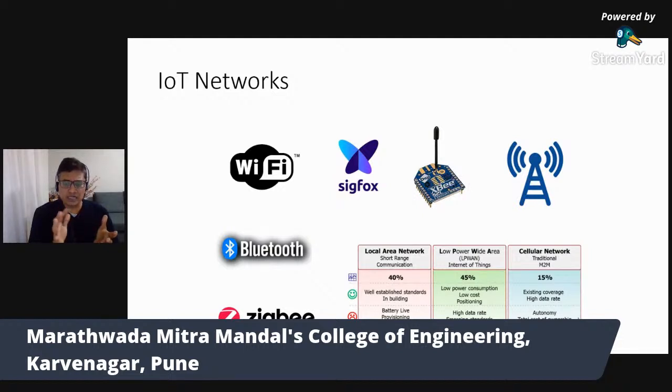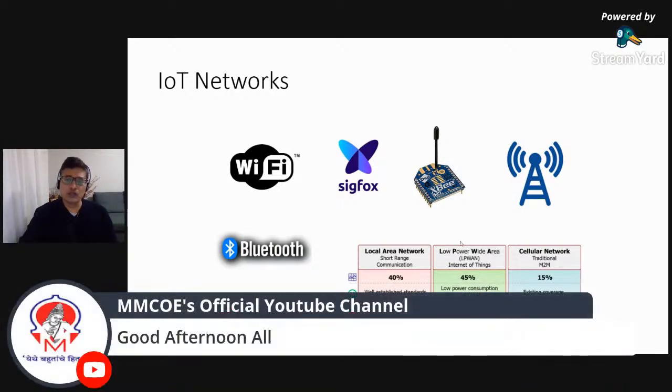If you look at the IoT market, the largest share of the protocols we use in IoT these days is the middle one, the low power wide area network IoT protocols. Among all these communication protocols, one should focus on low power wide area network protocols, specifically for IoT applications.